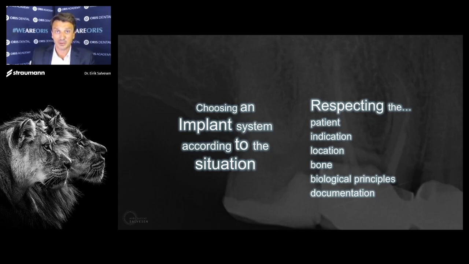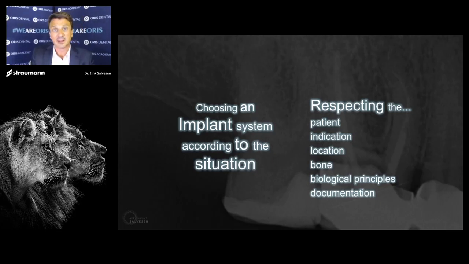The biological principles need to be respected when we do these treatments, and the documentation of each implant system, the surface, the prosthetic connection, the strength of the implant needs to be considered when we make these treatment approach choices.